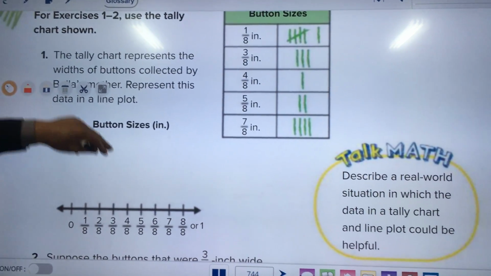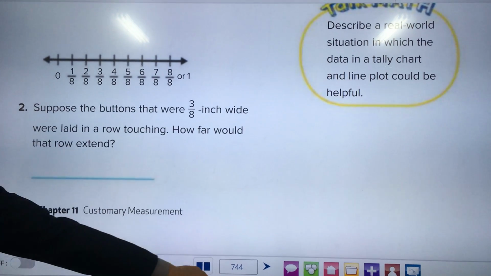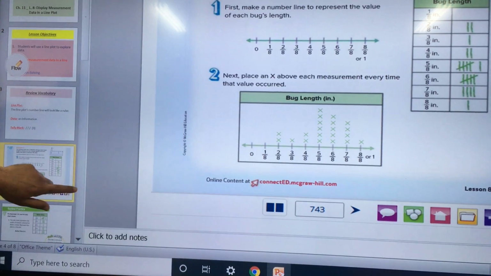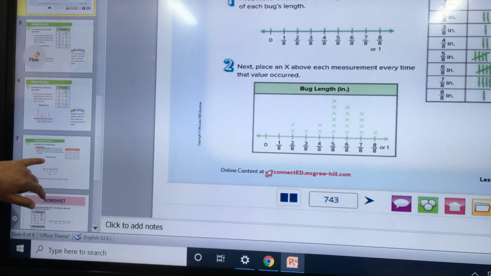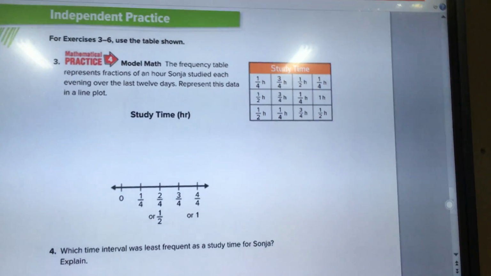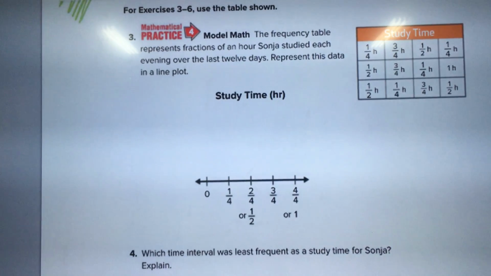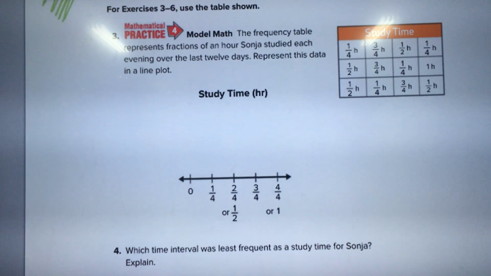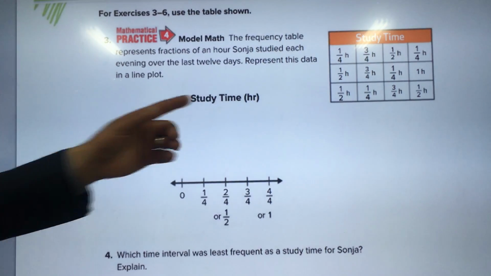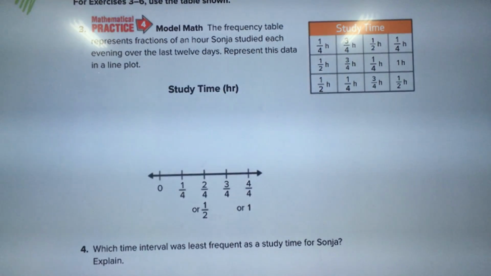Now we're going for this example. I give you a minute to think about how to display this data in a line plot. You have this data: 1/4, 3/4.